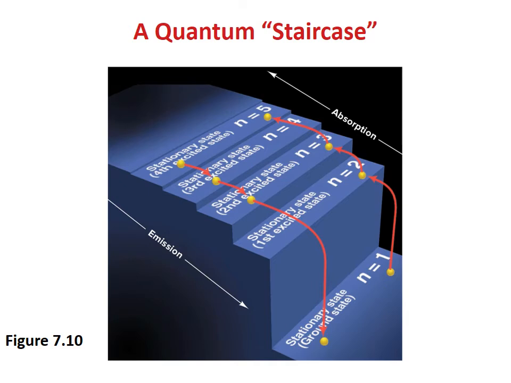Here shows quantized energy levels of an atom. The electron of an atom can be in the first energy level, which is called the ground state, or the second energy level, which is called the first excited state, or n equals 3, 4, 5, and so on. The electron cannot have energy between these energy levels. These are the only energy states that are available for the atom.